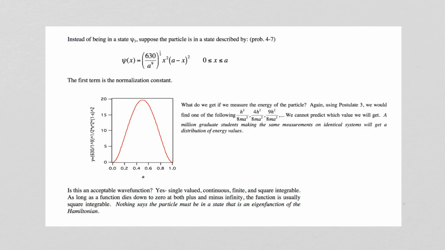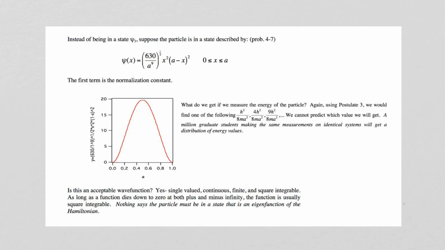Even if your particle is not in an eigenfunction or an eigenstate of your system, you're still only going to measure eigenvalues that agree with postulate 3. So we're still only going to measure those eigenvalues that are associated with our particle in a box system.